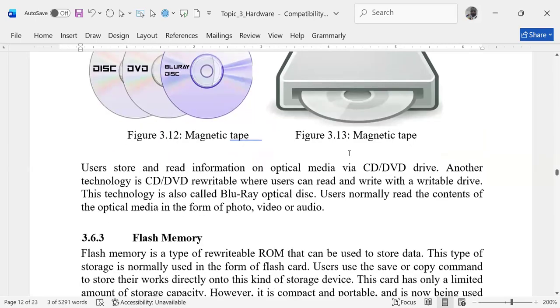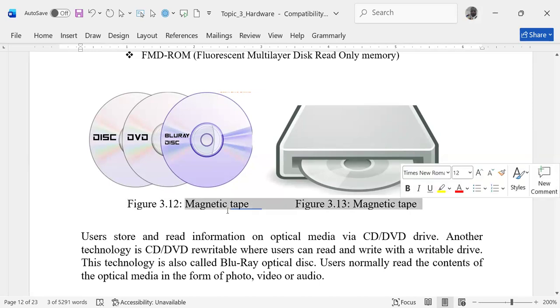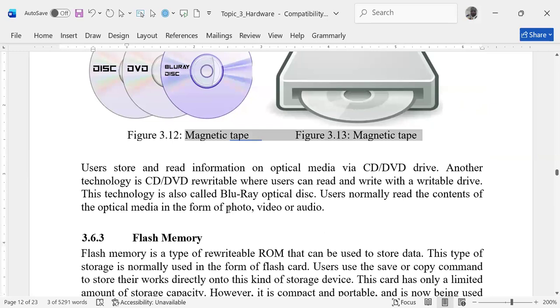Good. And this is the burner, the drive. This is a CD or DVD reader. You need this before you can use them. Don't forget about the labels here. It's a copy and paste, that's why it's the same thing there.